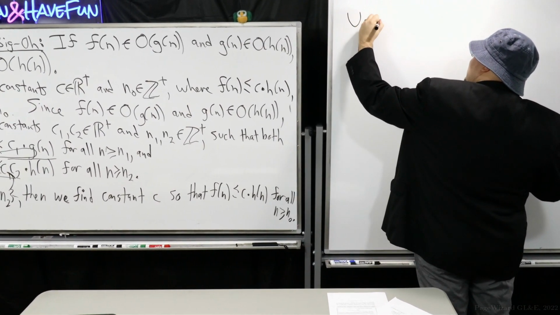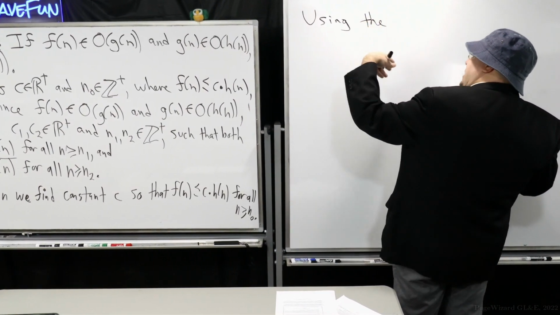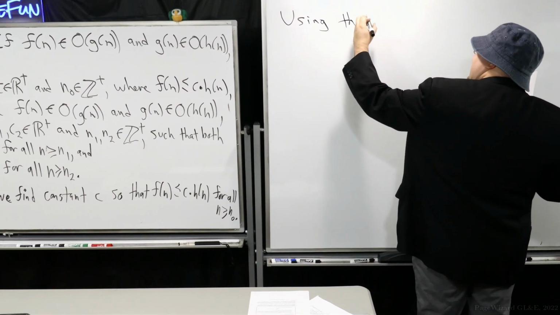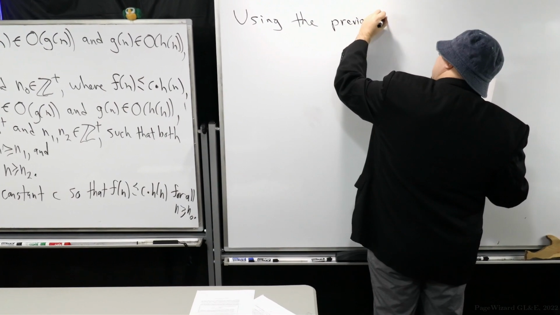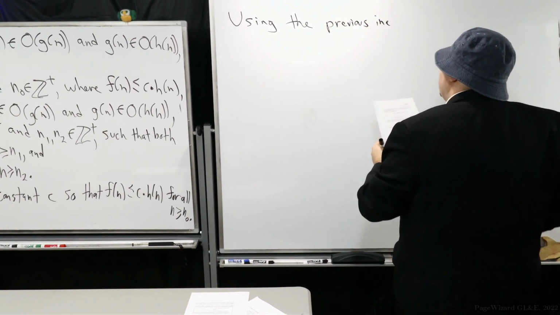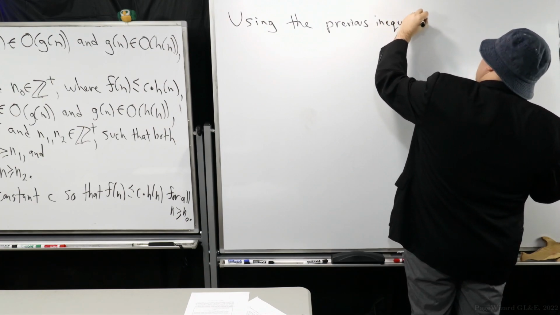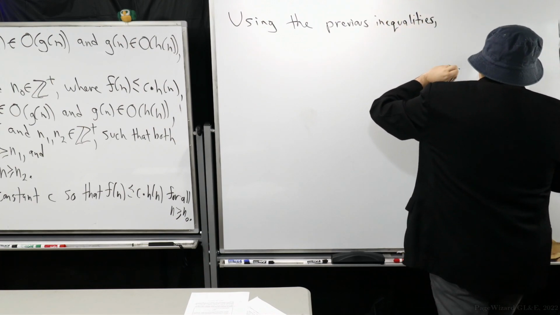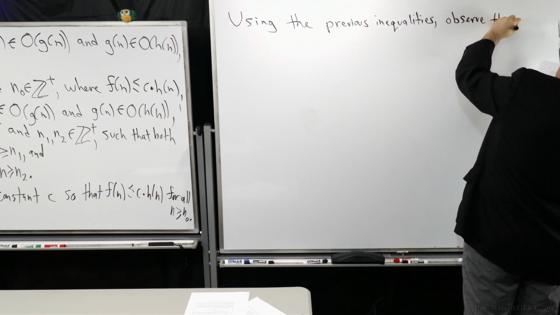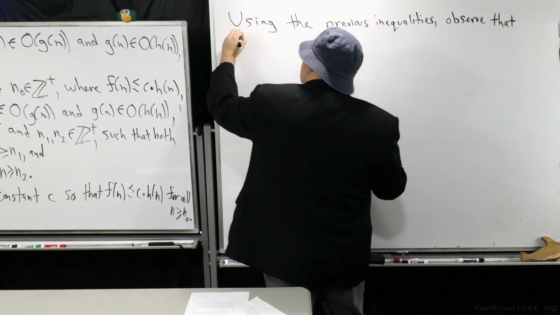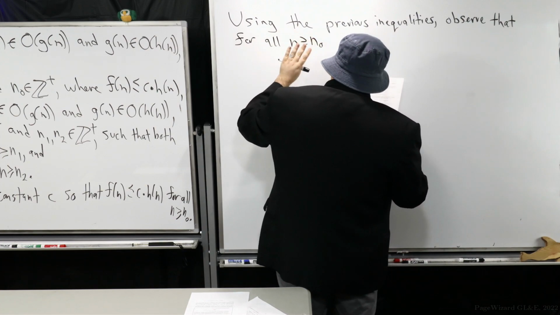So using the above inequalities, which was over there, above is now left, okay, everybody? Using the previous inequalities, observe that for all n greater or equal to n0, because remember, I've picked n0 already.